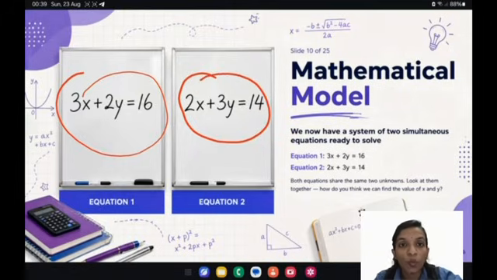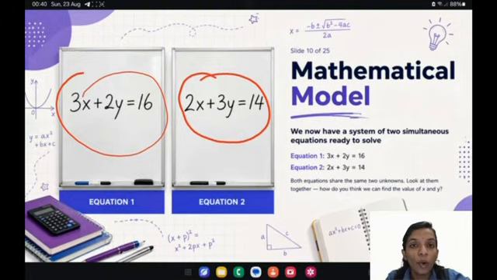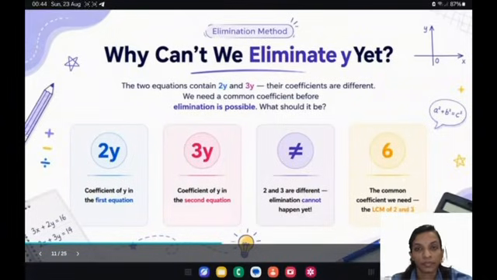This is the power of mathematical modeling. We started with notebooks and pens, defined the variables and formed equations. We transformed the real life problem into a mathematical problem, so we can solve it lah. So the next question: how do we solve these two equations?